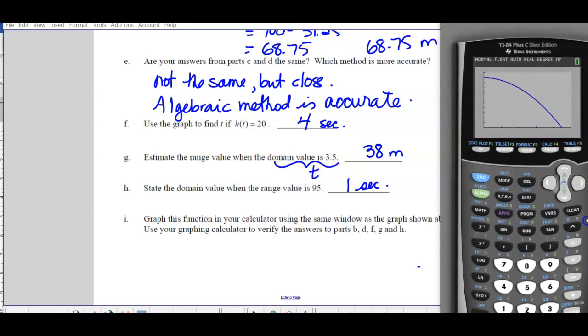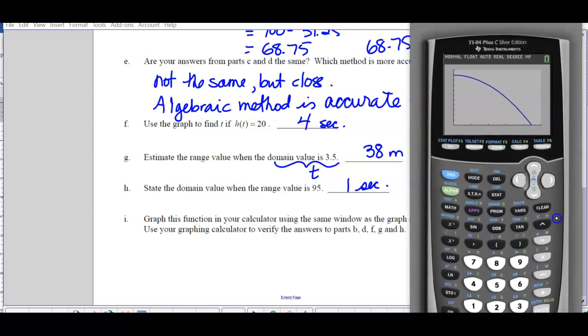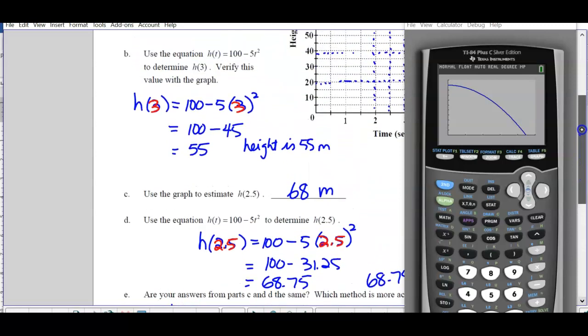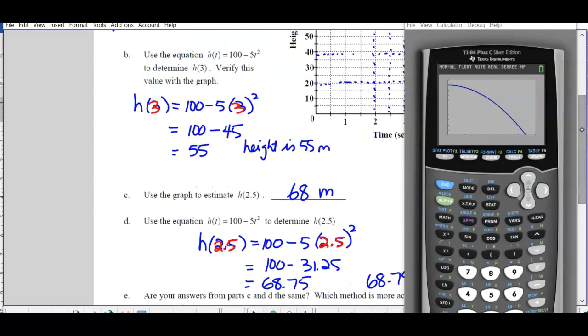Then it says verify answers. So in B, so what's in B? B is when T is 3. So how you can do this, you press trace. You can cursor left and right, but you'll notice that there's a lot of decimal values. You can't get right on the X value of 3. You can get close, but to get on that X value 3, just punch in 3.